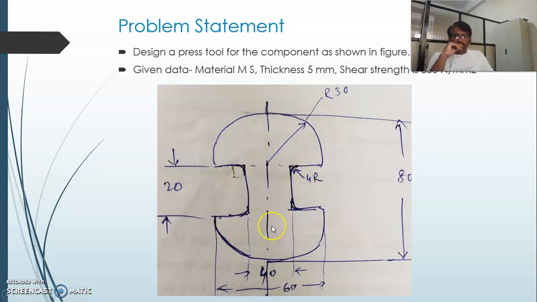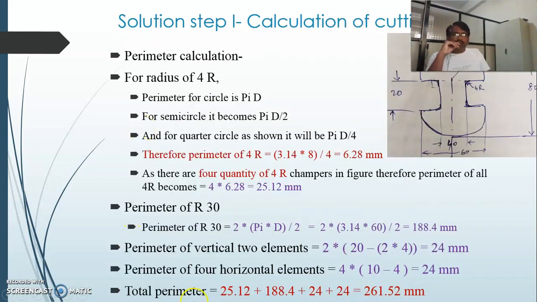So first of all, in step number 1, we have to understand the component for its dimensions properly. Then we start with step number 1 as the calculation of the cutting force, which is given by the formula Fc is equal to perimeter into thickness into percentage penetration into shear strength.